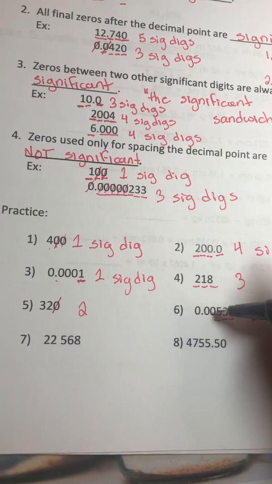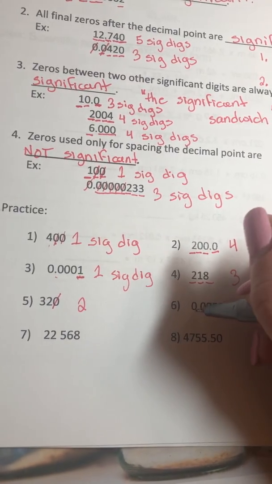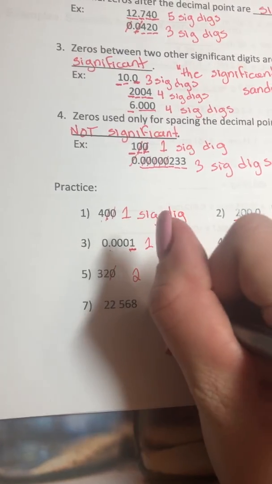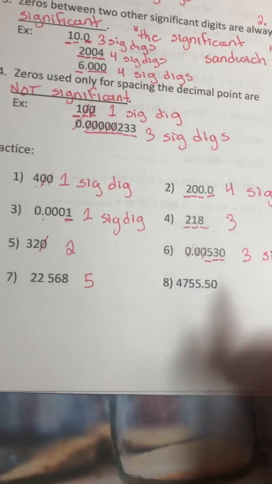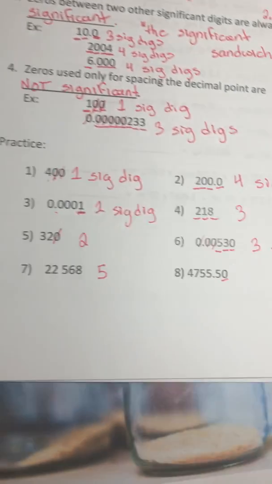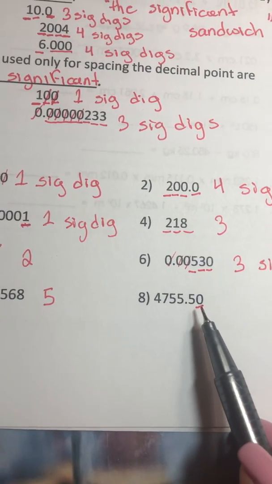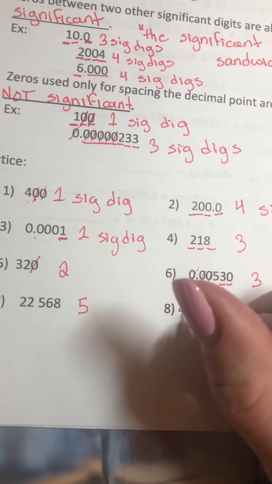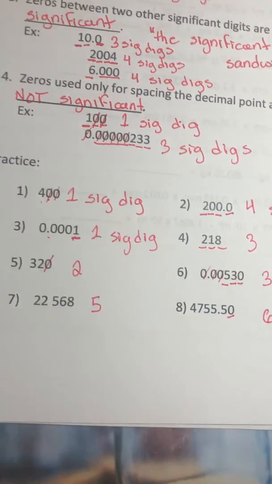So these 3 are not significant. Here, they're all non-zero digits, so I have 5. And then here, the 0 falls in the decimal place and has non-zero digits in front of it, so that's significant. That means all of them are significant, so I have 6 sig digs.